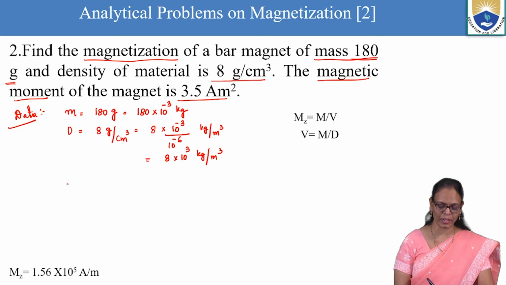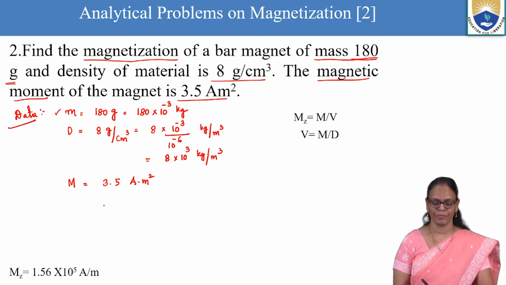And then the magnetic moment, here I'll represent it by capital M, because for mass we have already taken small m. So capital M here is 3.5 ampere meter square. We have to find magnetization. So I'll represent magnetization by Mz.